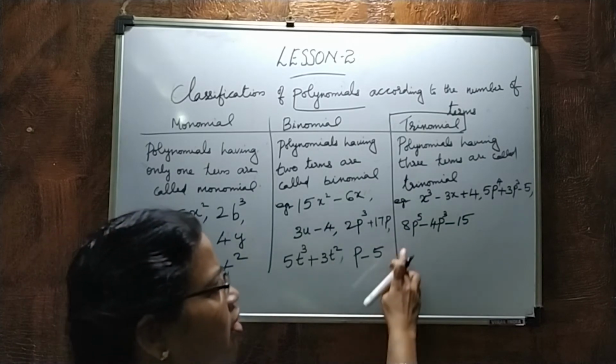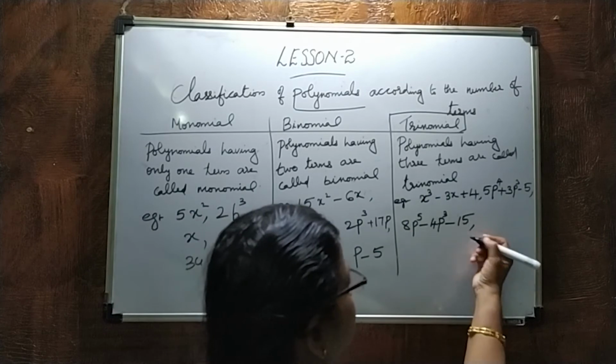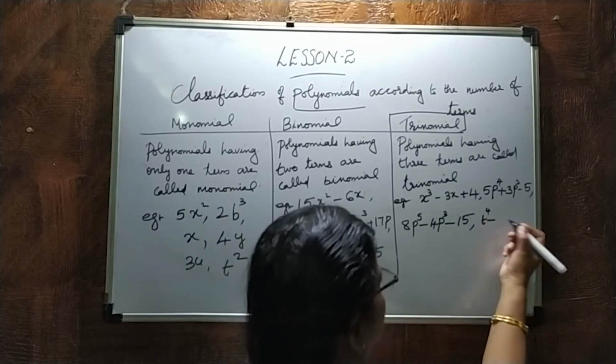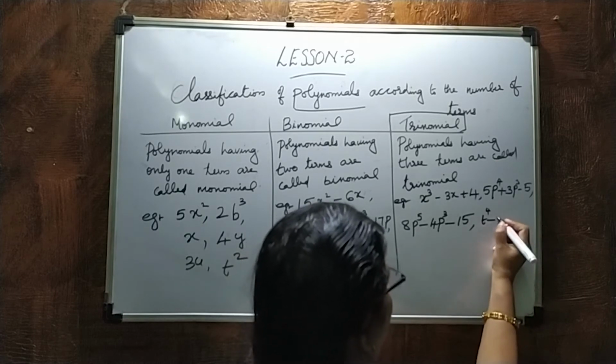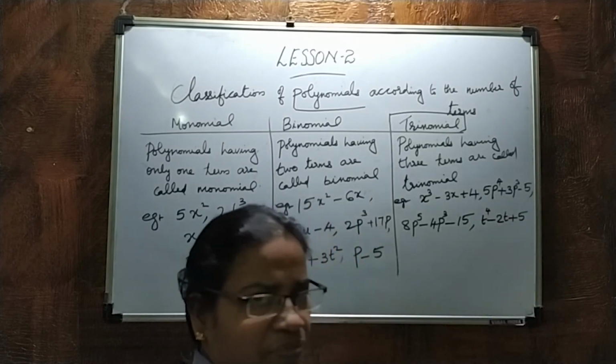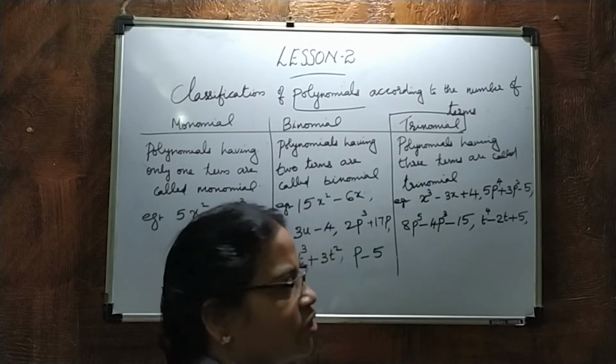Only three terms are there: 1, 2, 3. Clear? The next one again: t raised to 4 minus 2t plus 5. Anyway you can write, only 3 terms should be there.